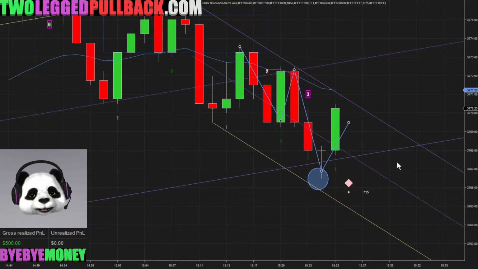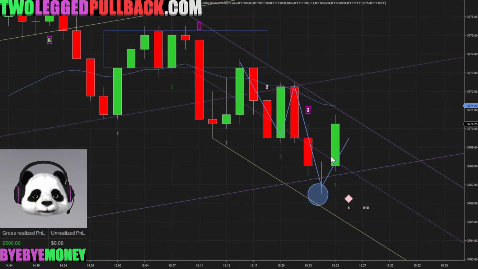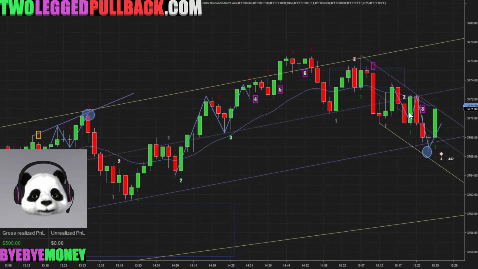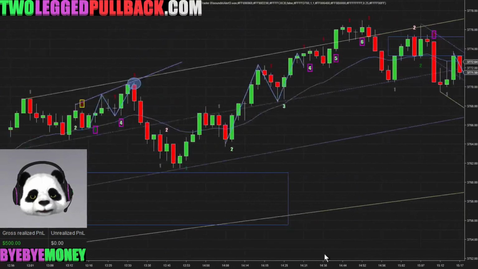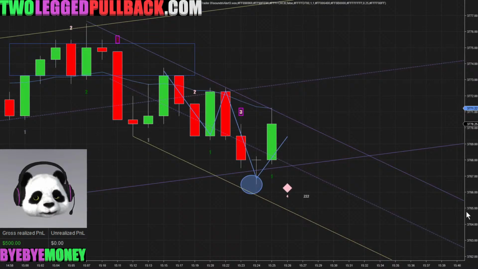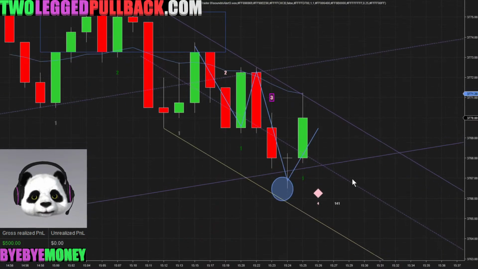It prints really good context, like perfect context, right? Like we were waiting for this the entire time. We even skipped this long here. And we waited for this to hit the perfect key area, but it printed a doji on me, which kind of makes me angry. I really wish it didn't print that doji on me.